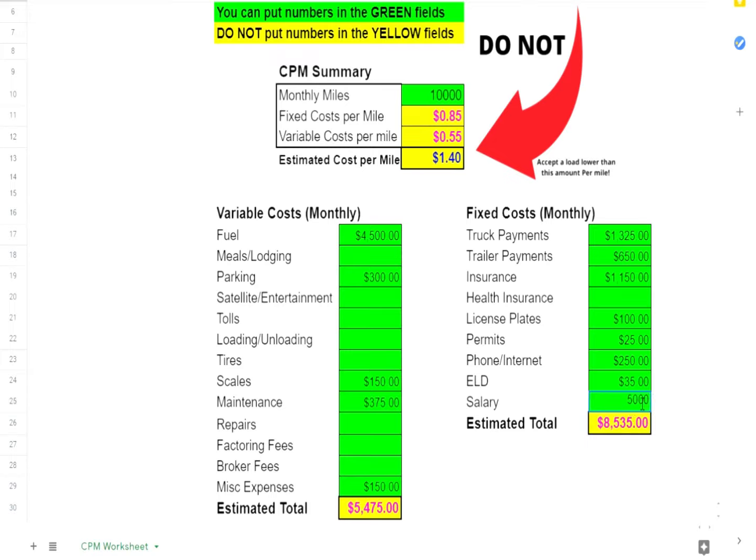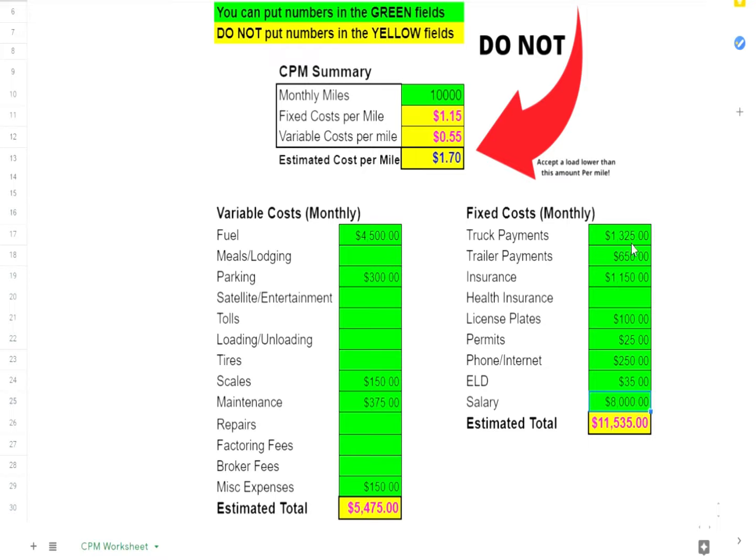Now, if I said, "Hey, I'm sorry, man, I gotta bring home $8,000 a month," okay? Now look, we're back up to 170 with these same expenses. So this is good for forecasting. This number can change easily by getting better fuel prices, right? Maybe negotiating a little bit with our salary to ourselves, right?